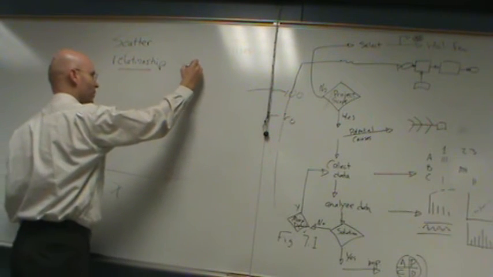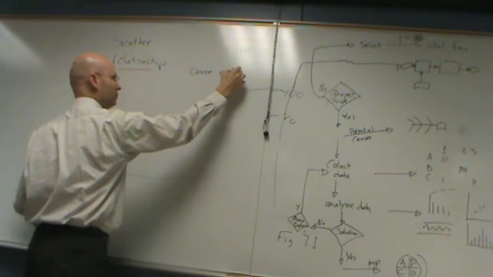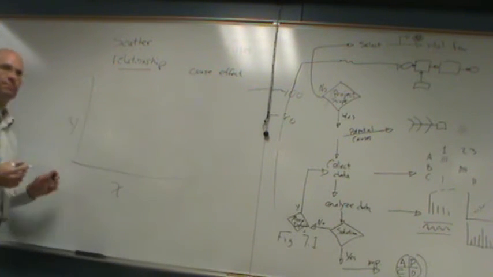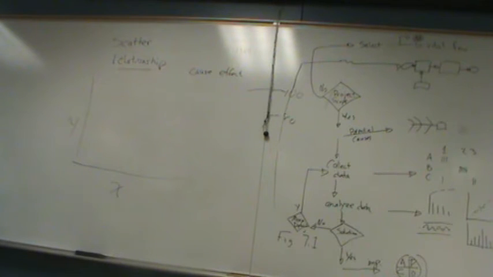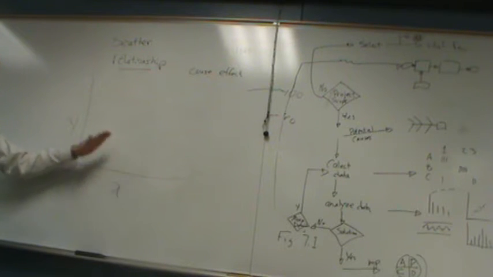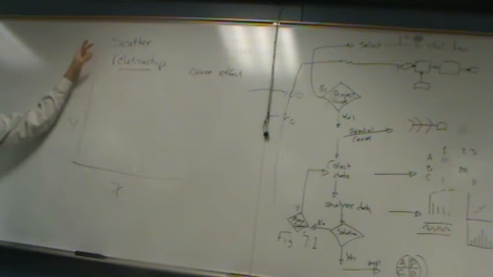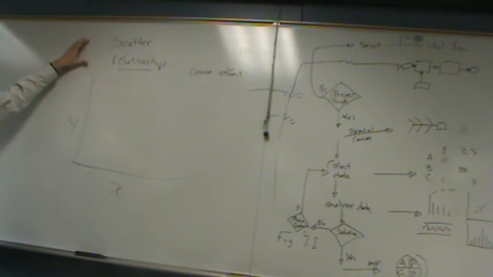We don't know yet whether it's a cause and effect. It may be, and frequently the classic way to represent that is X is your independent variable, Y is your response. That's normally how it's presented. But the goal of a scatter plot is just to see, is there a relationship?